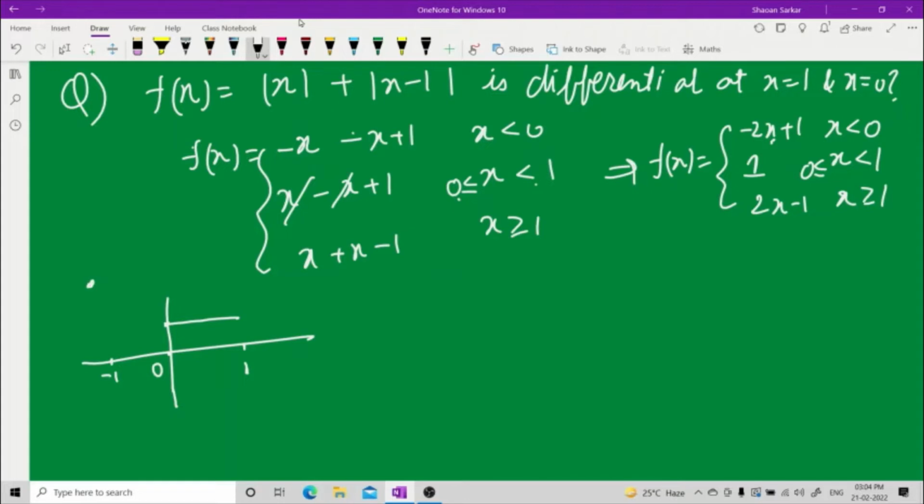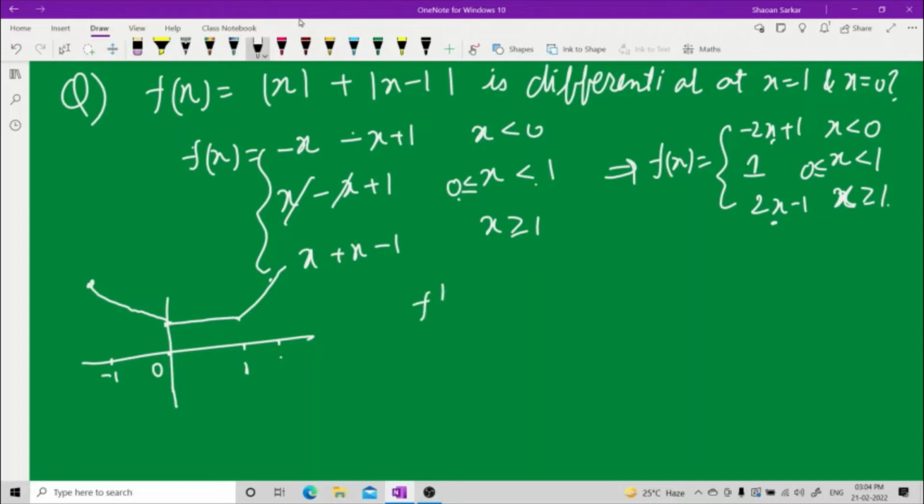And put 2: 2 is greater than 1, so 4 - 1, that is 3. So at 2 it is somewhere at 3. The graph of this function will go like this. So now we will check the differentiability at 0.